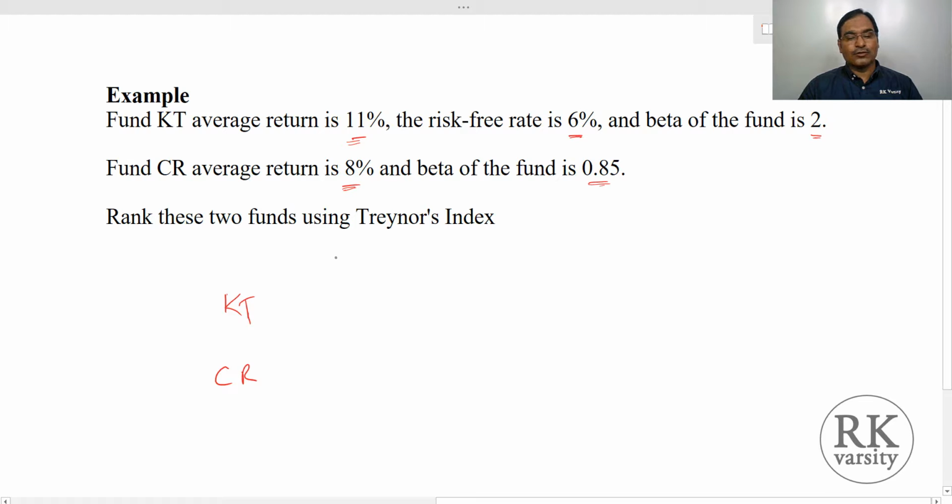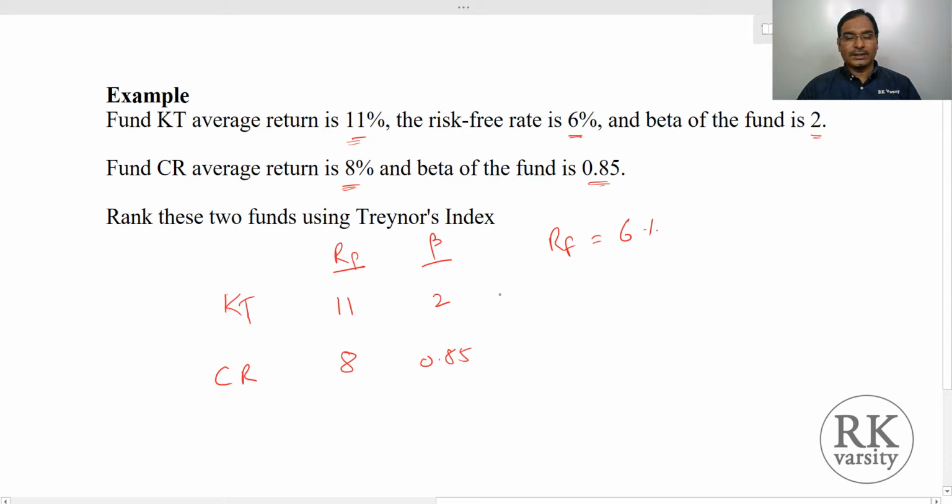Their returns on the portfolio are 11% and 8%, and the beta estimates are 2 and 0.85. For both the securities, the risk-free rate, that is on a 90-day treasury bill, is 6%.